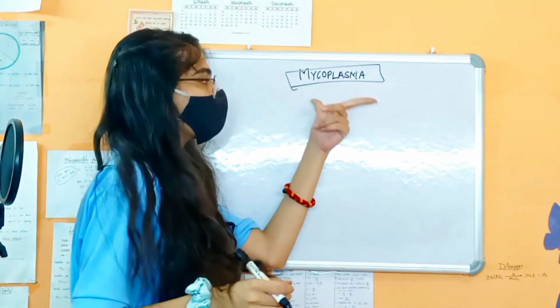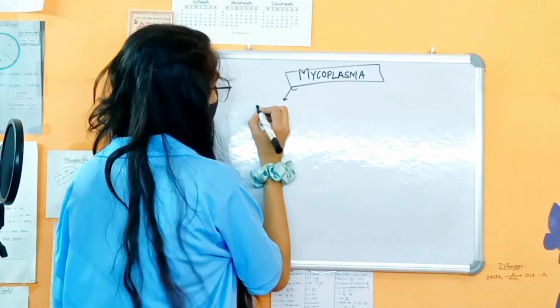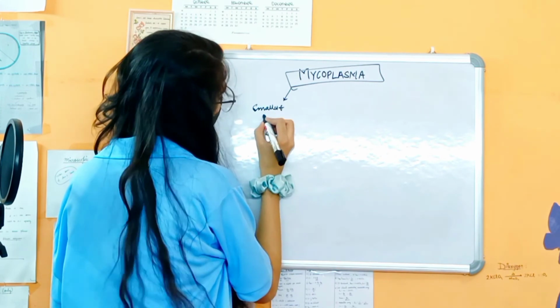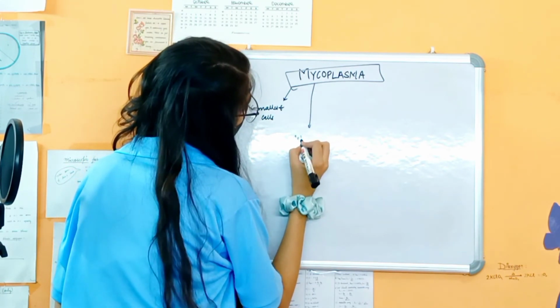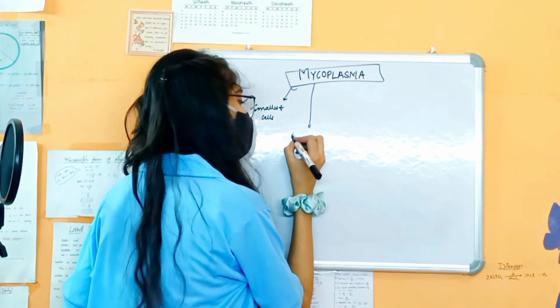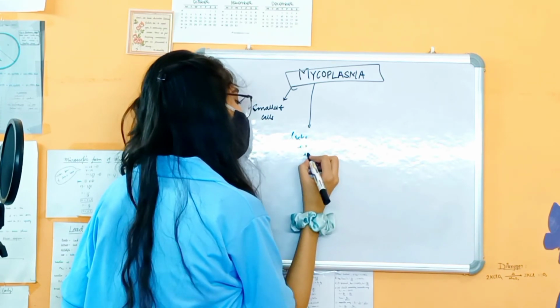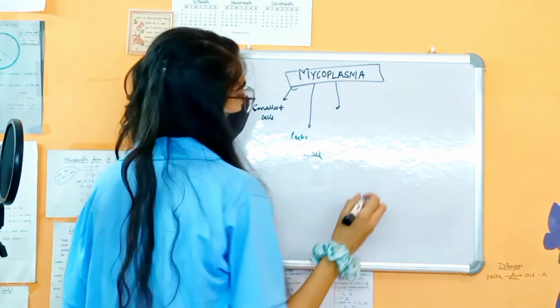Now that we're at the end of this lecture, we are going to study mycoplasma. What are mycoplasma? Already told you, the smallest cells. They do not have a cell wall. They are pathogenic.